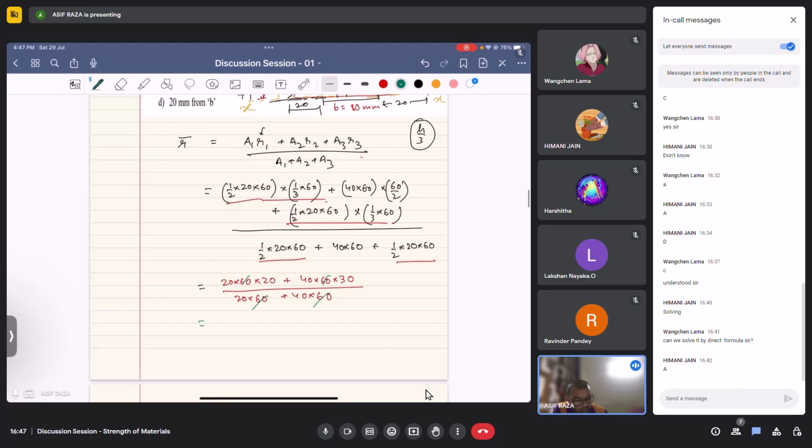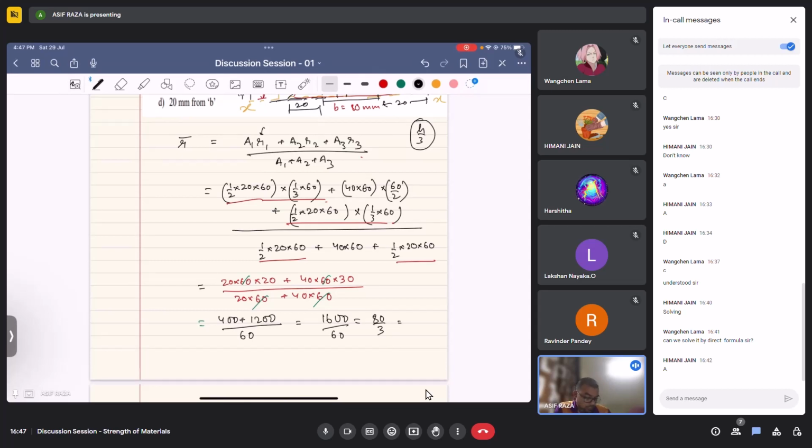If I take it as a common, I'm trying to do it directly, don't get mistaken. So 2 into 4 is 400, this is 1200, and 40 plus 20 is 60. 1600 upon 60, that is 80 upon 3, right? 80 upon 3, yes.